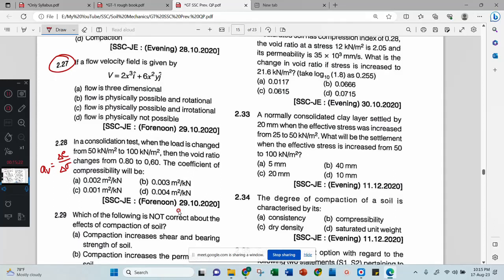Substitute. 0.8 minus 0.6 is 0.2 divided by 100 minus 50 is 50. The answer is 4.